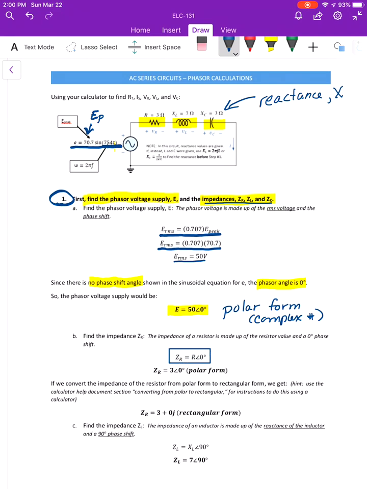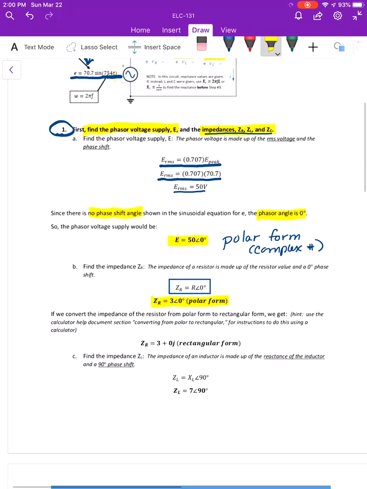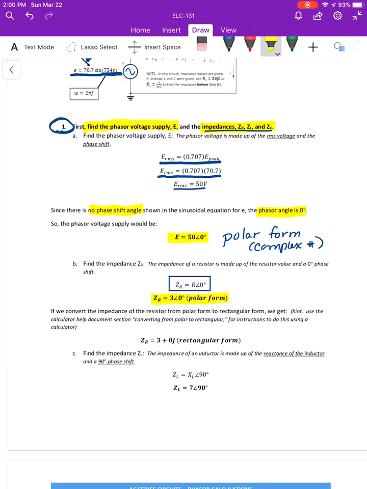It's just 3 at 0 degrees, and that is the impedance of our resistor. If we wanted to convert that to rectangular form, we would get 3 plus 0j. So these are exactly the same, the ZR here and the ZR here, but one is in polar form and one is in rectangular form.